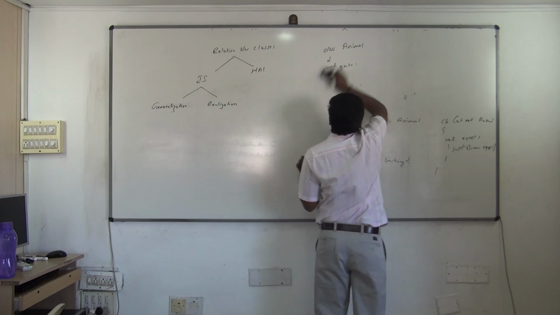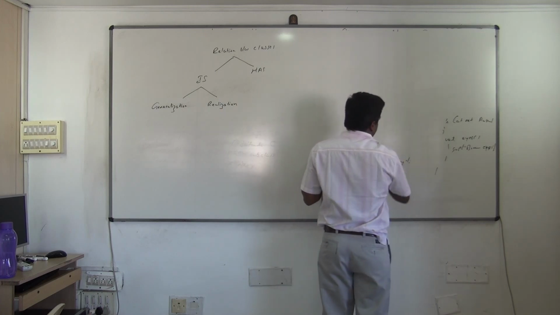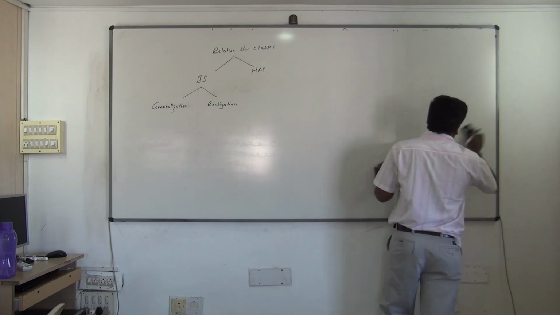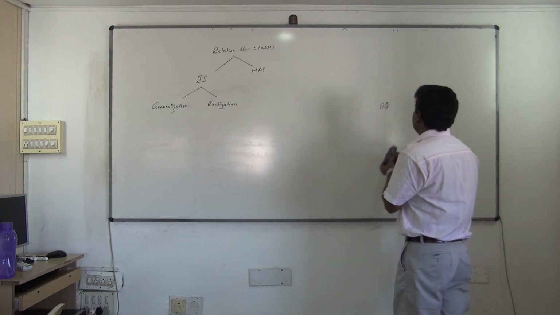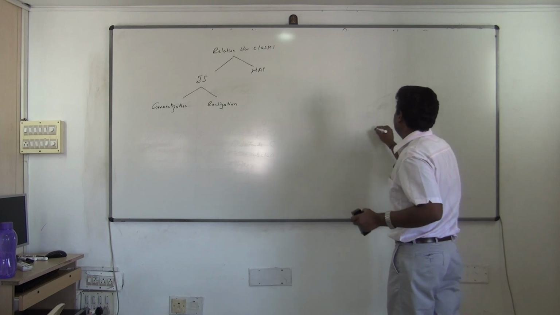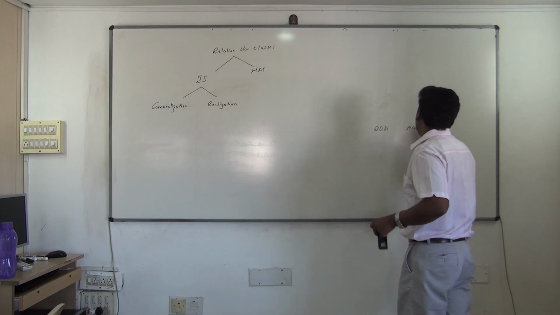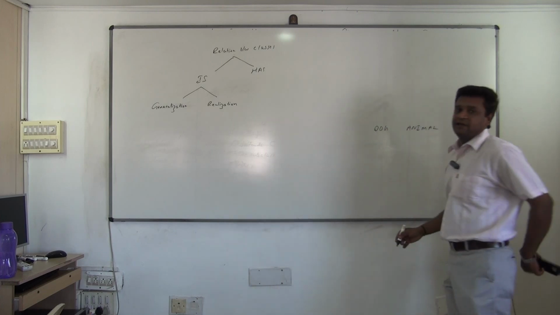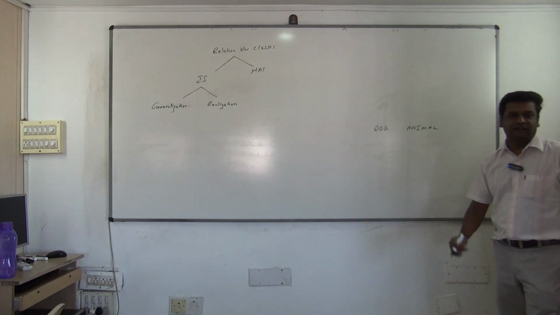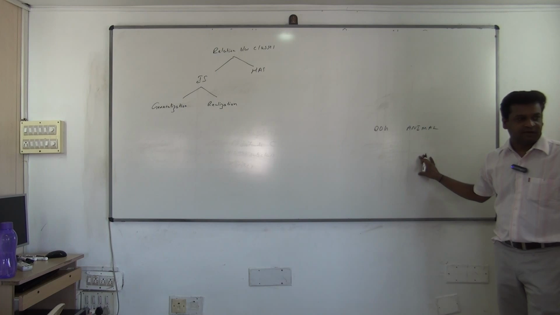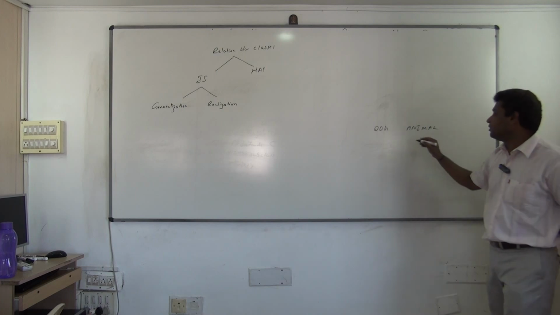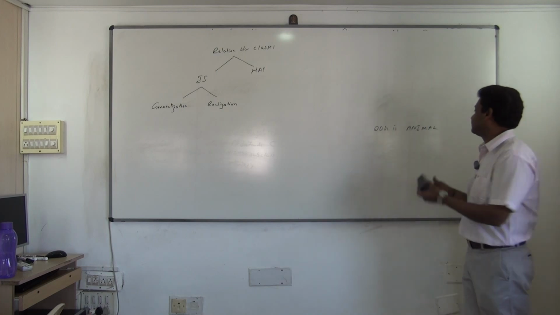I'll explain what is the is-a relation and has-a relation now. See, if there are two classes, Dog and Animal, how will you relate them? Is or has? Dog is an animal. So in that case you will make Animal the superclass, Dog the subclass. Understood? You should know how to relate.